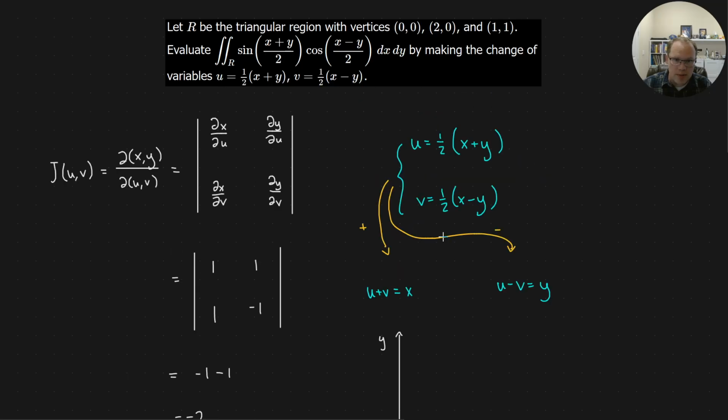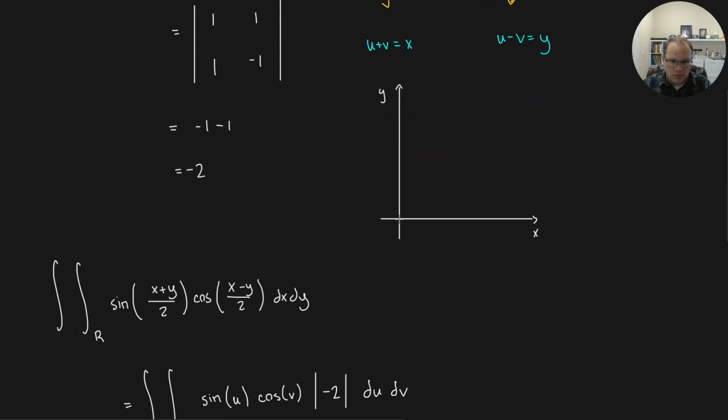So here's XY space. We have the triangular region with vertices (0, 0), (2, 0), (1, 1). That's region R. Okay?